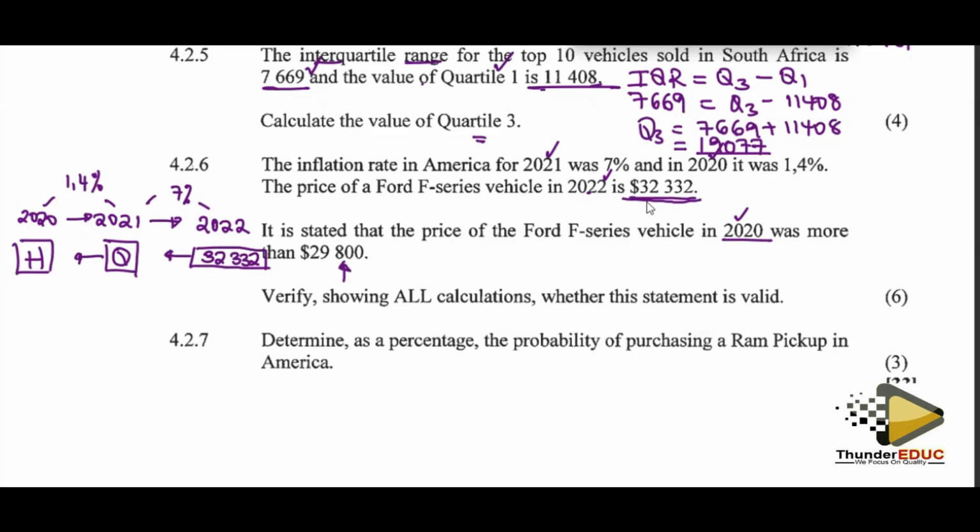This is inflation. Working backwards, we are determining the original amount of money. If a certain amount was increased by 7% and they got this much money, how much was it? So we need to calculate that backwards.